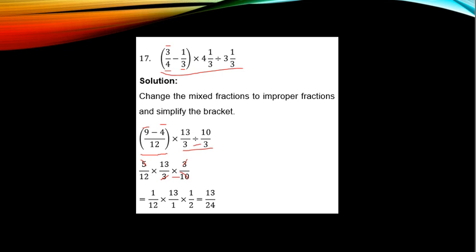So this is the remaining fractions after reduction. If you multiply, you have 13 over 24. This is a proper fraction. You don't change a proper fraction to a mixed fraction. You only change improper fractions to mixed fractions.